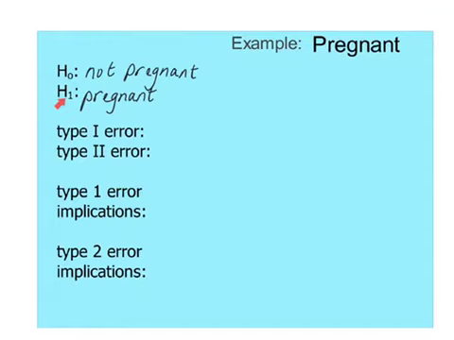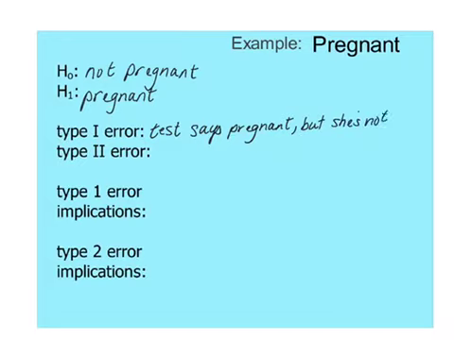If the test says something has changed, she is pregnant and she's pregnant, correct decision. But what about the errors? If a type 1 error is made, the test will say she's pregnant, but she's not. What's the implication? Panic? Joy? Both unfounded.